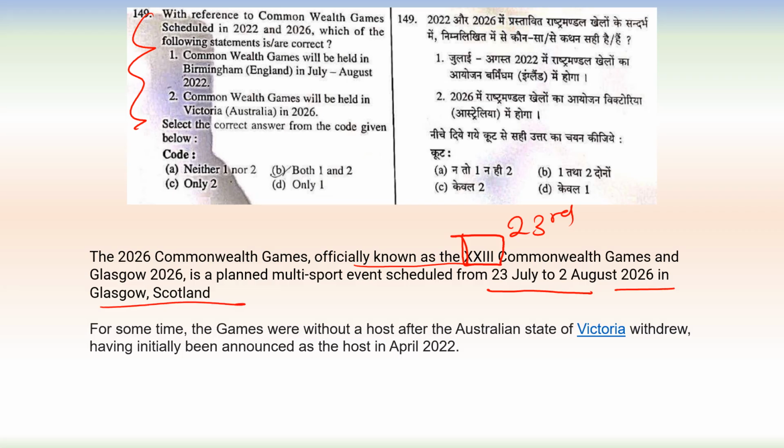So the Commonwealth Games 2026 will happen where? Glasgow, Scotland. Earlier, it was decided to be hosted by Australia in Victoria, but they withdrew, and now it will be hosted in Glasgow, Scotland.